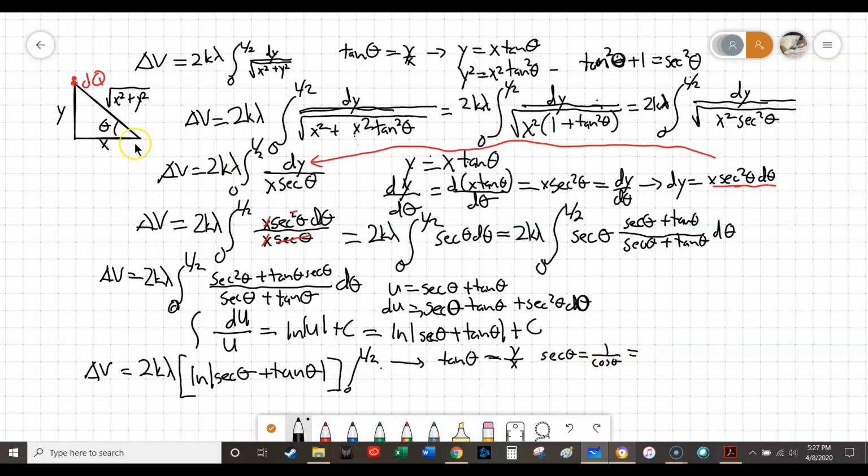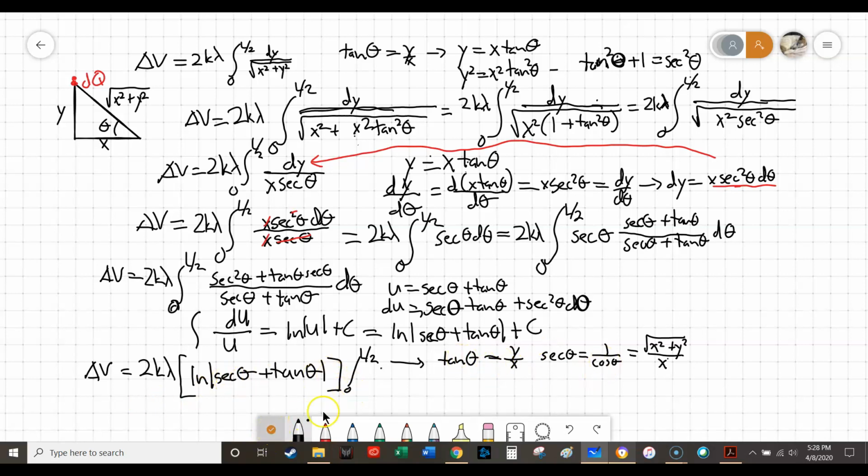Well, cosine of theta is adjacent over hypotenuse. So the secant of theta will be the opposite of that. That'll be hypotenuse over adjacent. Okay?